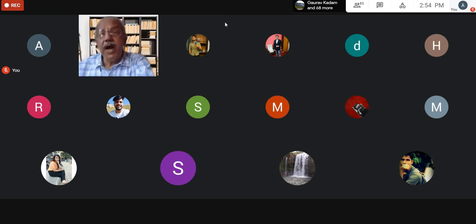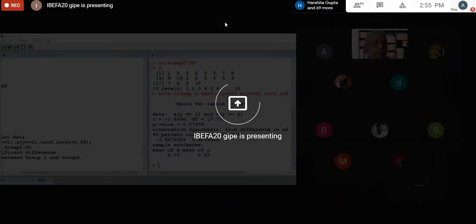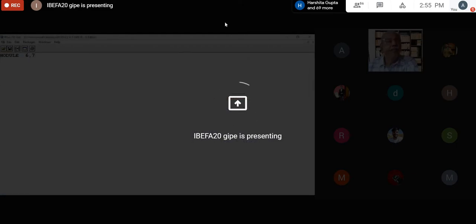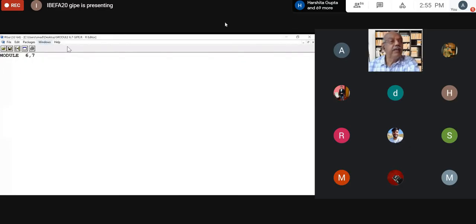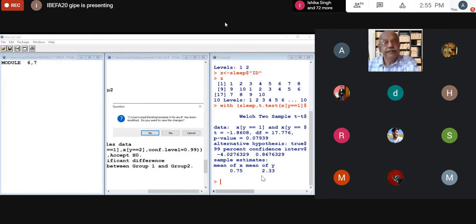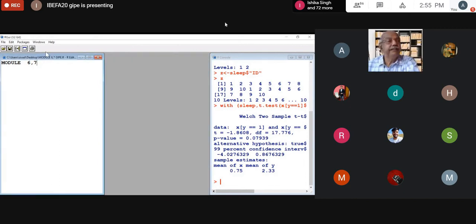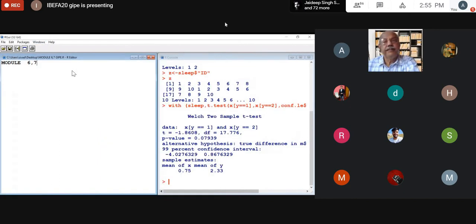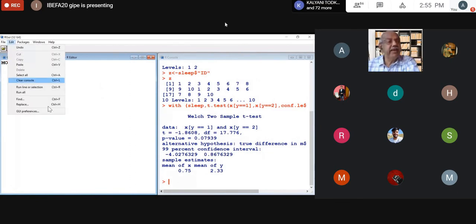In our R, let us go to the new file. Dealing with module 6 and 7.